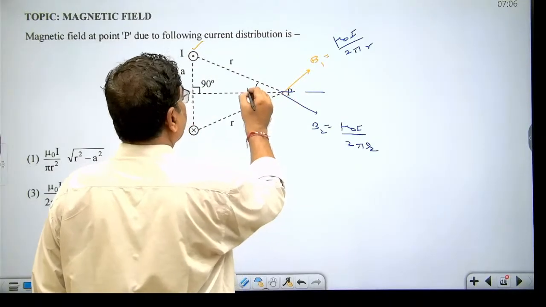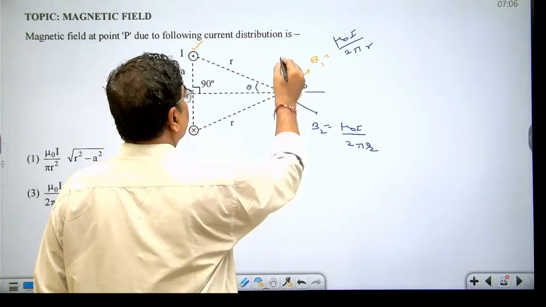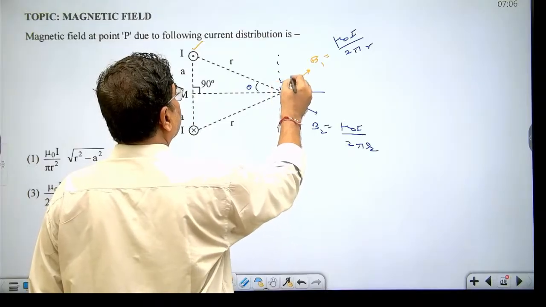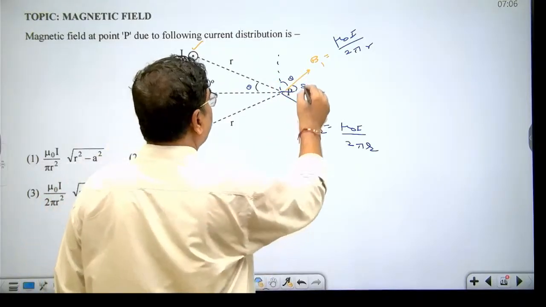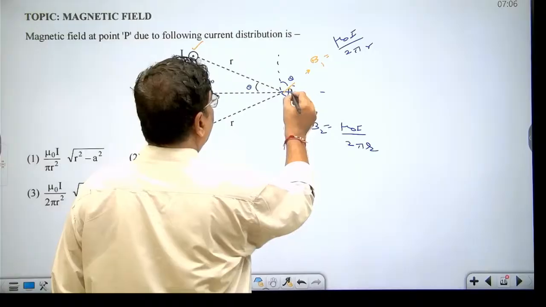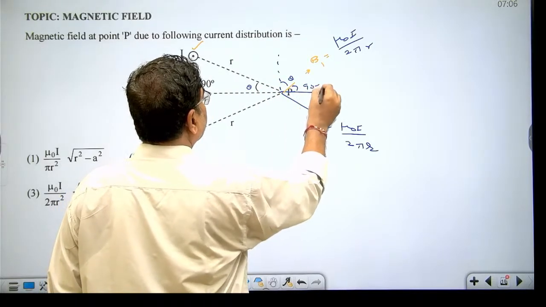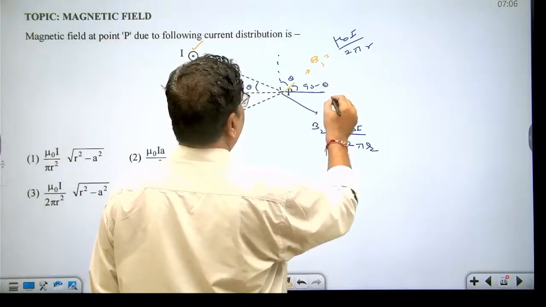If this angle is theta, this is also theta, because this is 90 minus theta. This angle is theta, this is 90 minus theta. So what is B1? B1 cos of 90 minus theta.